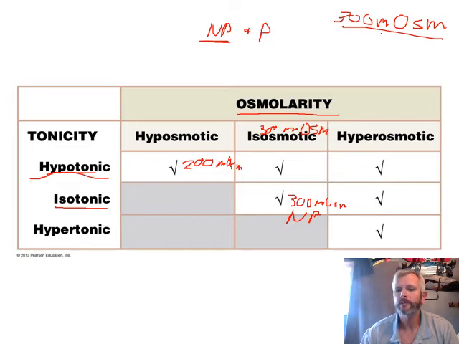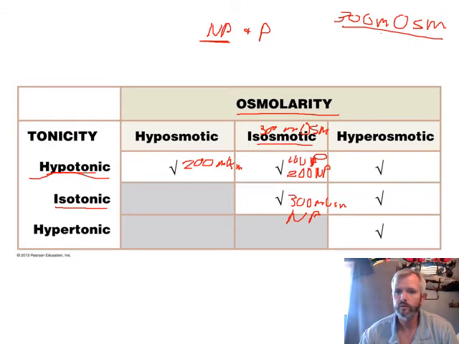What if I have this solution, we know it's 300 milliosmoles, but what if 100 of these milliosmoles are penetrating solutes, P for penetrating? That leaves only 200 of the 300 as non-penetrating. Let's compare non-penetrating solutes. 200 to 300. Where's the water going to move?